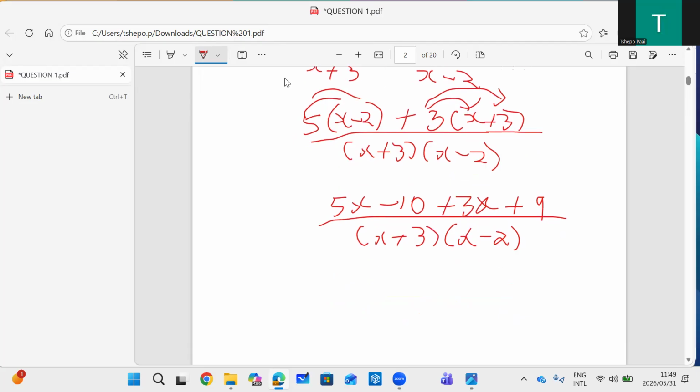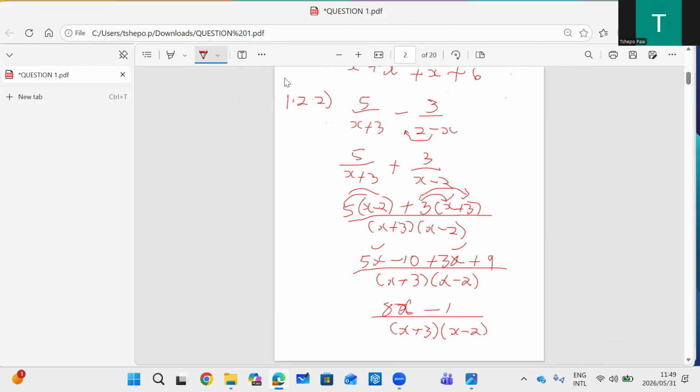Down here we have x plus 3, x minus 2. So 5x together with 3x will give me 8x. Minus 10 plus 9 will give us minus 1. The final answer, we can clearly see, is 8x minus 1 over x plus 3, x minus 2. That will be the answer for 1.2.2.